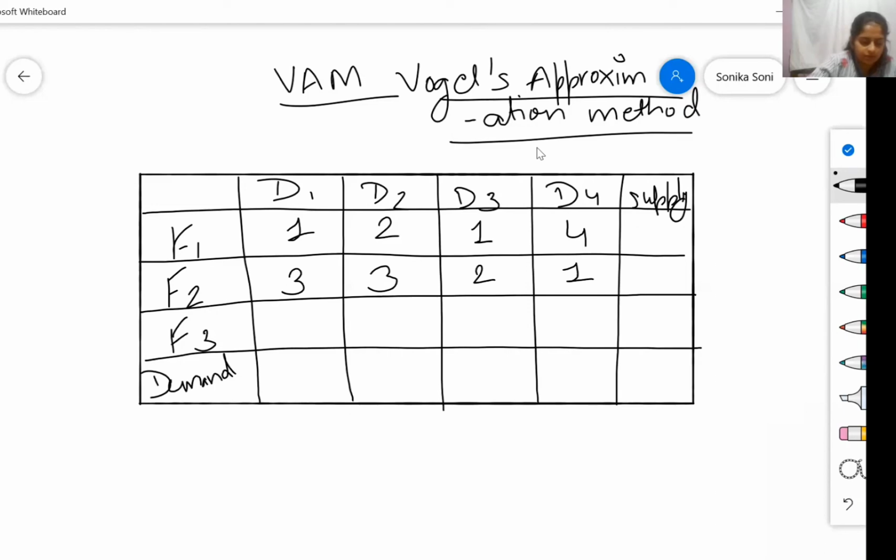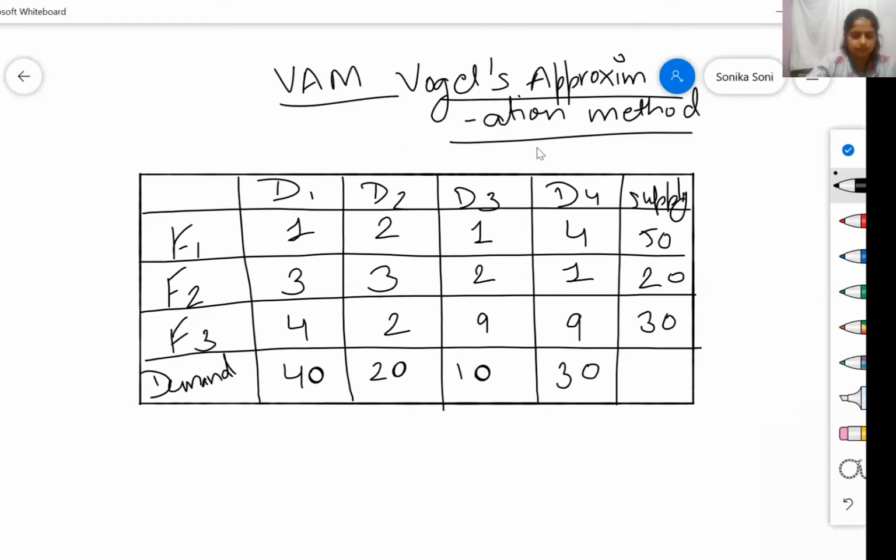For F3, D1 is 4, D2 is 2, D3 is 9, D4 is 9. The supply is 50 for F1, 20 for F2, 30 for F3. Demand is 40 for D1, 20 for D2, 10 for D3 and 30 for D4.